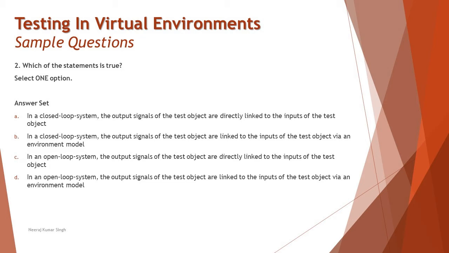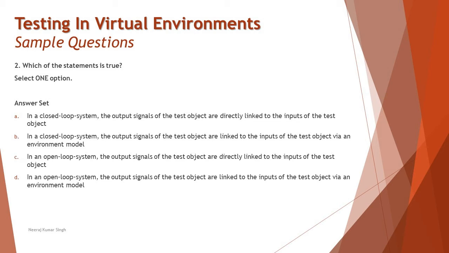B seems to be correct, because in a closed loop system, the output signals of the test object are linked to the inputs of the test object via an environment model. Of course, that's the justification I just provided for option A, but still, let's look at C and D. C: in an open loop system, the output signals of the test object are directly linked to the inputs of the test object, and the statement describes a closed loop, not an open loop at all.